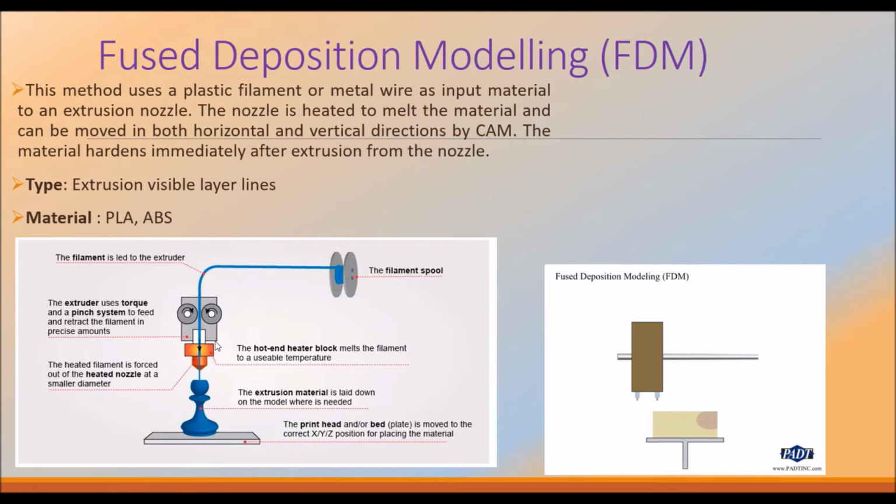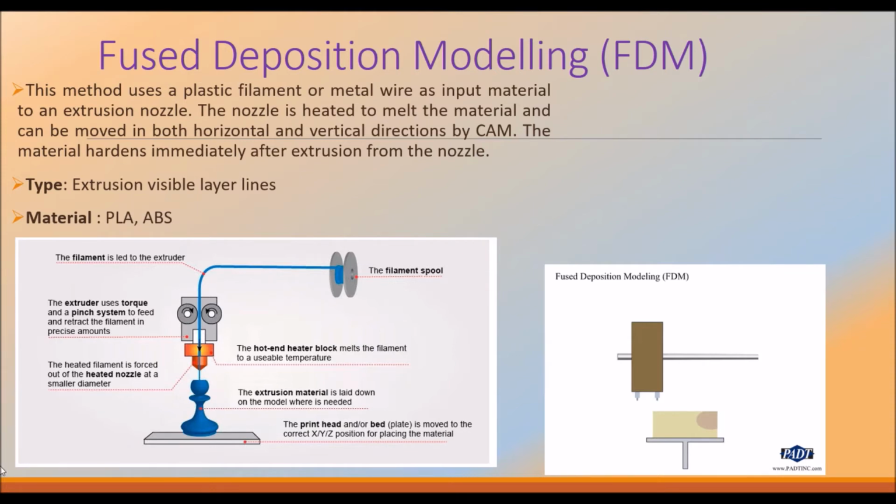It melts the filament to a usable temperature as per the material you are using, and the heated filament is forced out of the heated nozzle at a small diameter. The extruded material is laid down on the model where it is needed, and on the print head or bed the object is printed and moved in XYZ directions for placing of the material.